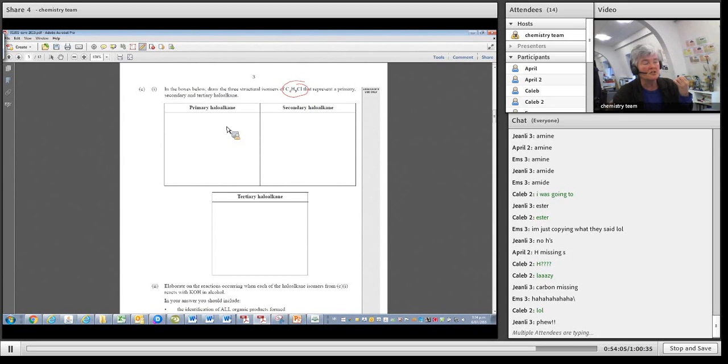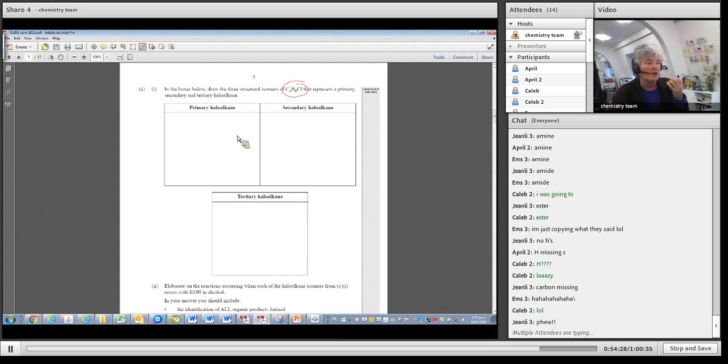They could say, draw, as they did in this case, a primary haloalkane, a secondary one, a tertiary one. Or they could say, draw a branched secondary, or something like that. Or they could say, draw 2 compounds, one of which is an optical isomer and the other one is not.